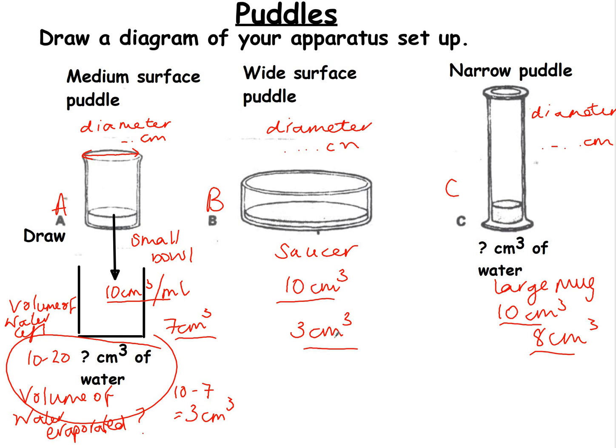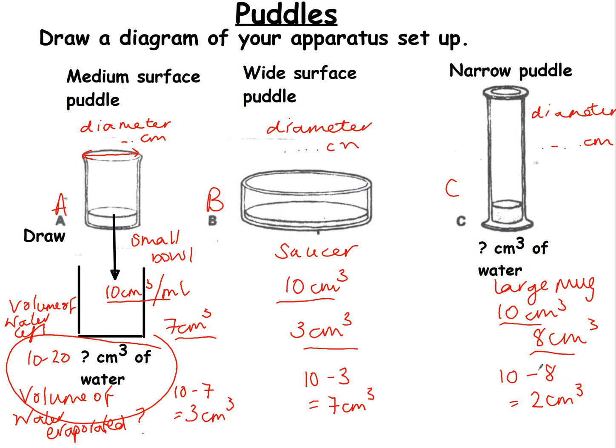If there were 10 at the beginning and only 3 was left at the end, 10 minus 3 gives us 7 cubic centimetres that have evaporated. And in our large mug or jug here, if there were 10 at the beginning and 8 were left at the end, then only 2 had evaporated.